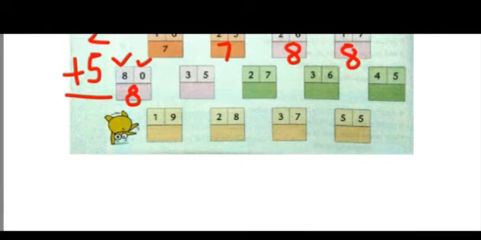Okay, let's count forward to 3. 6, 7, 8. Okay, so 8 is the answer. You can count on your fingers or you can count forward to add it. So scholars, this is the way you need to solve these questions. So I would like you all to do these remaining sums as homework.